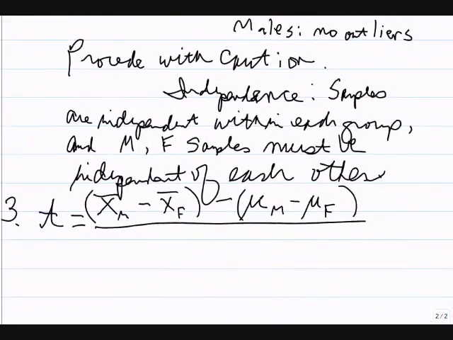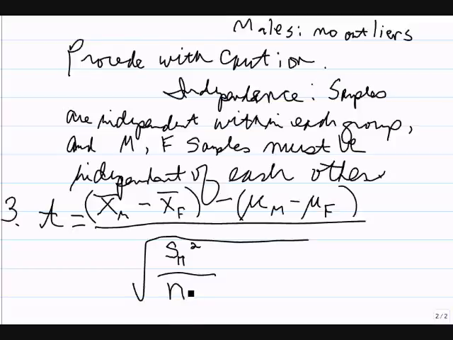Yeah. All right. Standard deviation or standard error is different. I need the sample standard deviation of the males. I have to square that because I'm going to add two standard deviations together, and when I do that, I have to add their variances, divided by the sample size of the males, plus the standard deviation for the females, get the variance of that, square that, divided by the sample size of the females.